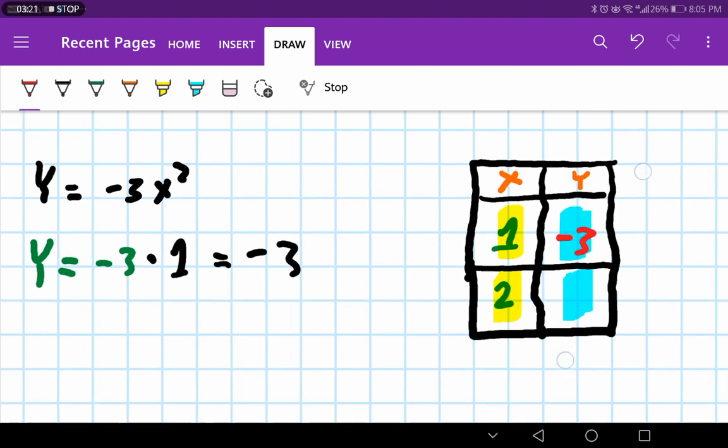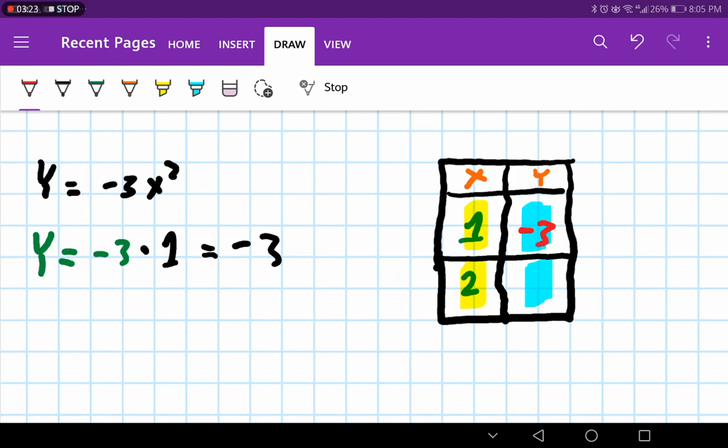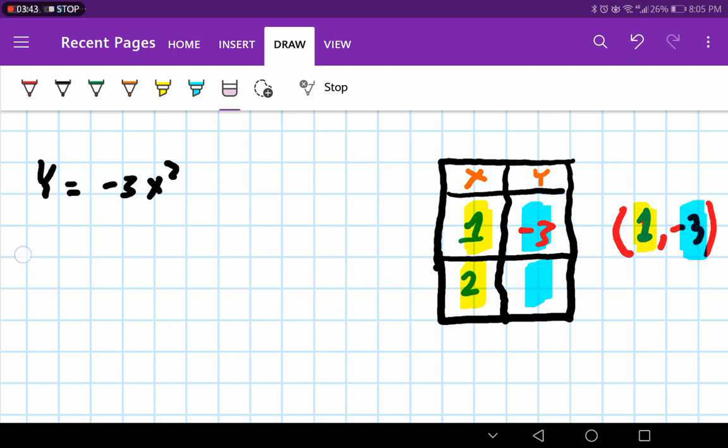So the first ordered pair, my dear student, is 1 and -3. This is the 1 and this is the -3. Are you happy with that? I hope so. The second step, now the 2. I will bring the 2 here.